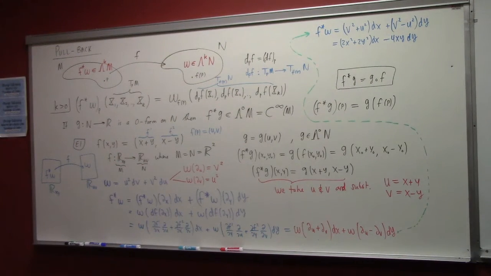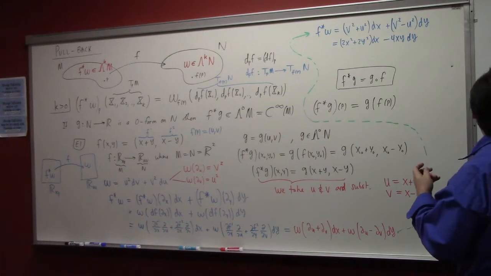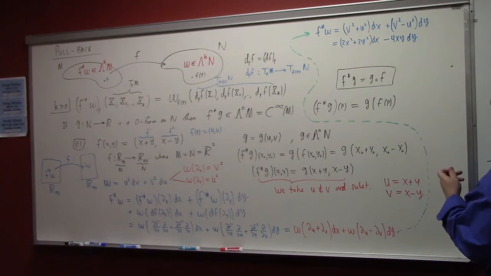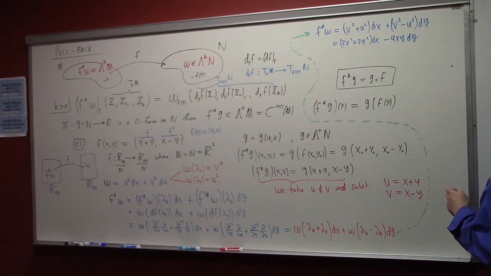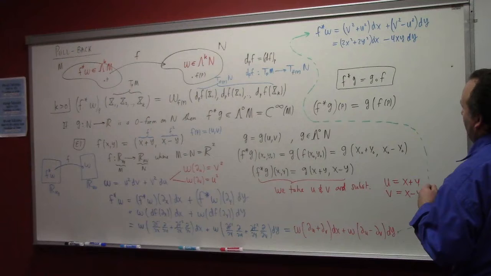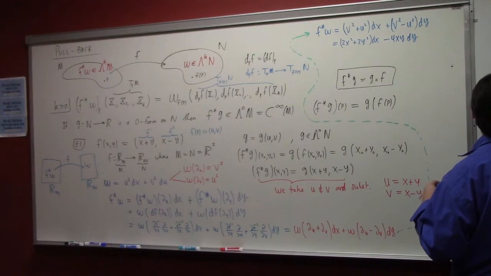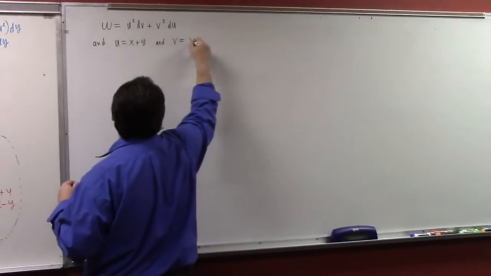So I had omega is u squared dv plus v squared du. And ultimately, I observed that we're really looking at u equals x plus y, and v is equal to x minus y.